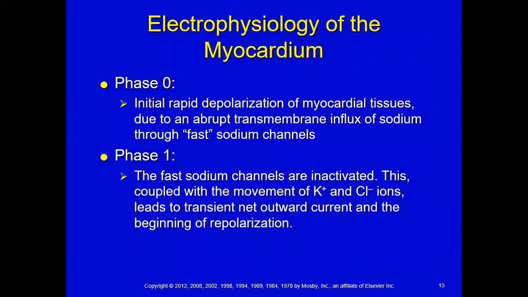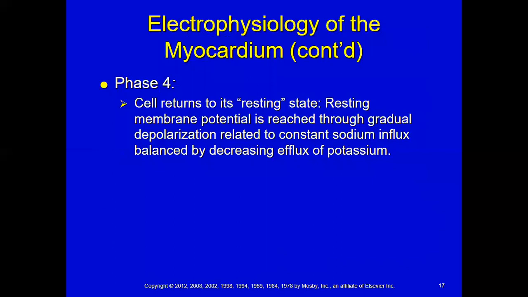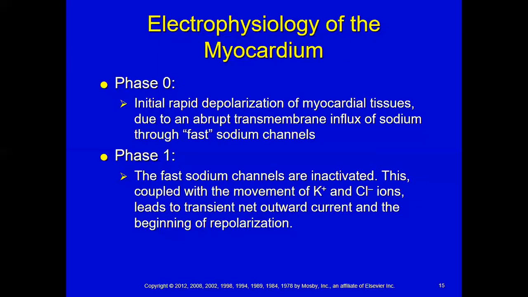Okay, so let's talk about this action potential. Remember, we're gonna have 4 phases, really 5 phases, because we have a phase 0. So that action potential, phase 0 is an initial rapid depolarization of my tissues, okay? So we're gonna get sodium rushing through these fast sodium channels. So we're gonna get rapid depolarization.